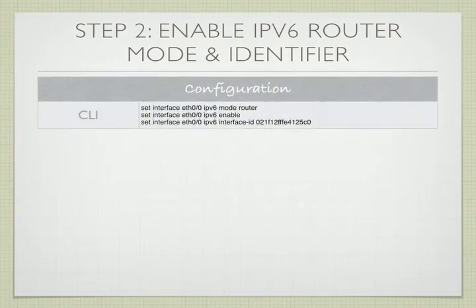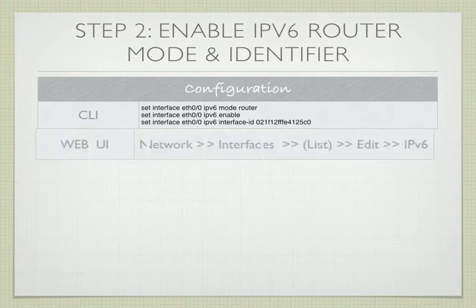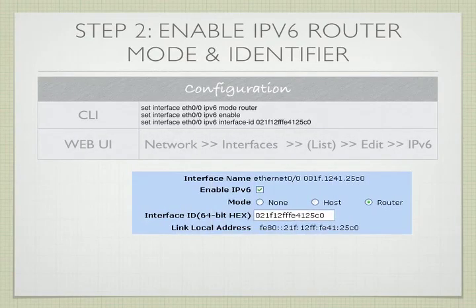So now we're going mode router instead of mode host. We're still enabling, we're still setting the interface ID, and then in the IPv6 tab, we're just changing the radio button from host to router. So step 2, exactly the same as the previous configuration, just changing the keyword from host to router.